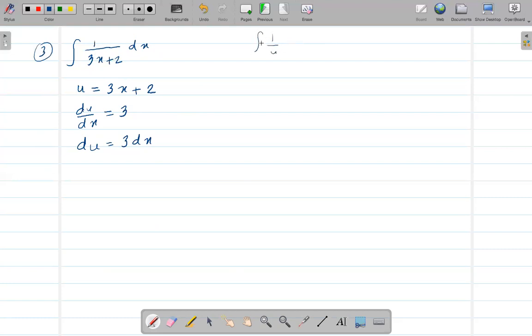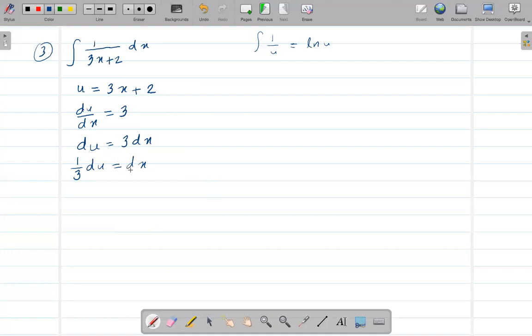When you take the integration of 1 over a variable, right? I showed this in the last video. I get natural log of that variable, right? So that's why I need just one variable. I don't need this whole thing, all right? So that's why we're using this substitution technique. Now, I just have dx. To get the equation for dx, I can now divide by 3 on both sides. So I get the equation for dx, right?